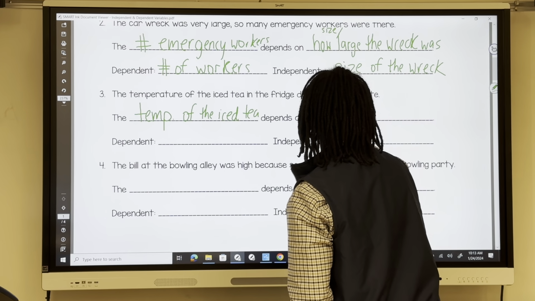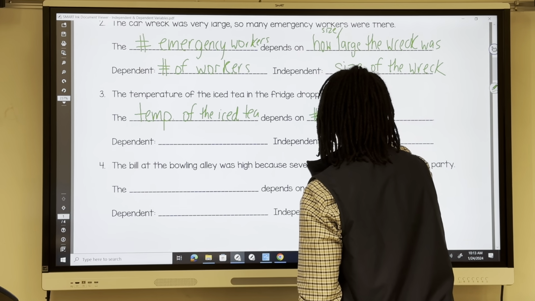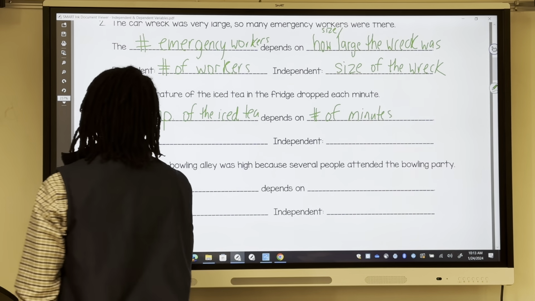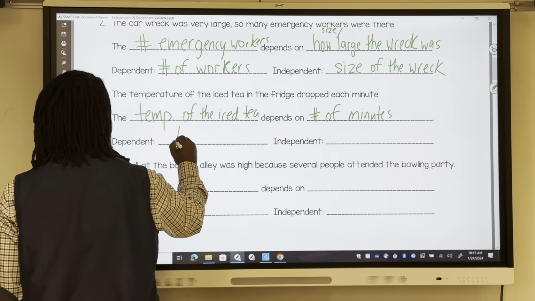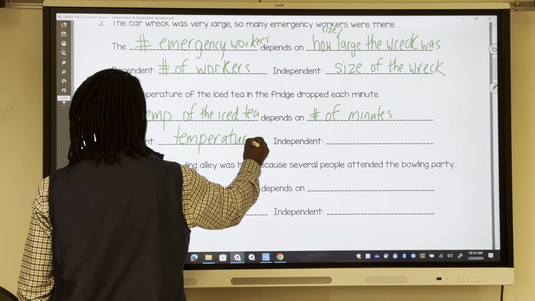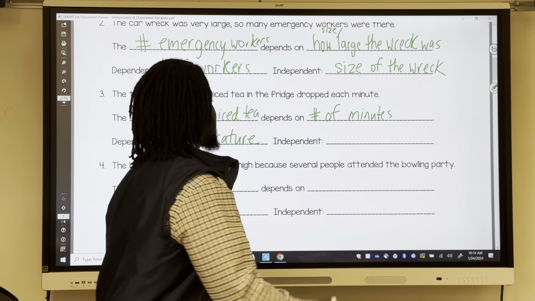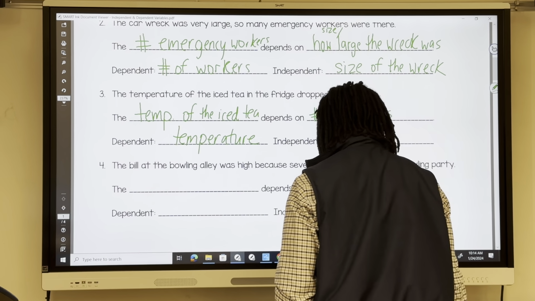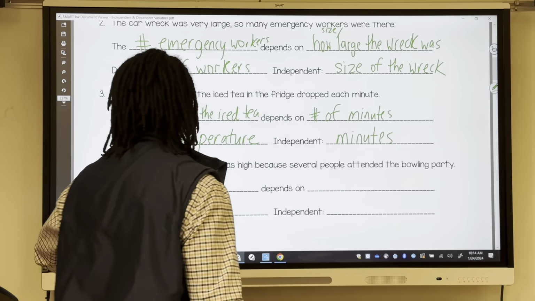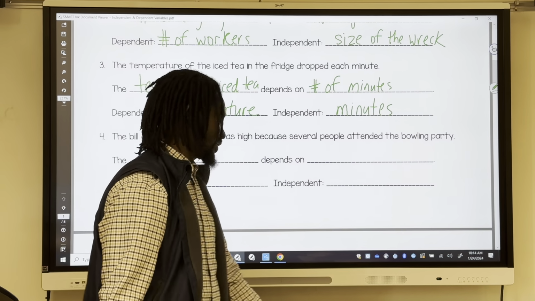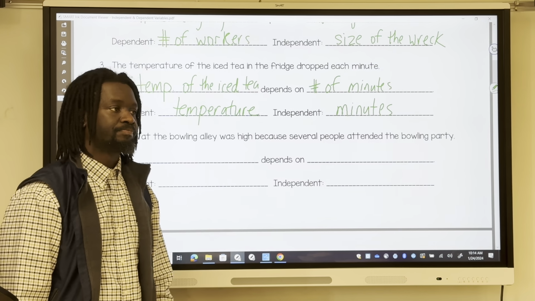So it depends on the number of minutes that it is in the fridge. So the dependent variable is the temperature. The independent variable is the number of minutes. And I want you to pause it and see if you can do this last one in this section on your own.